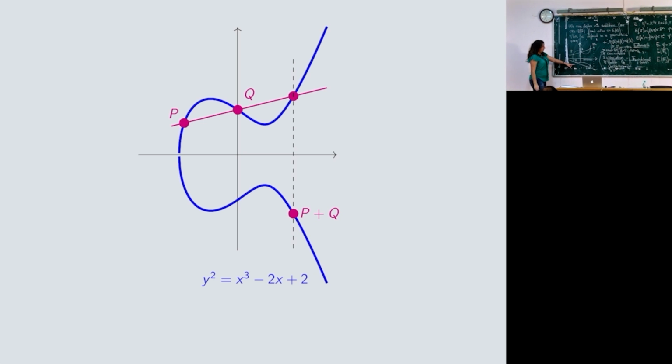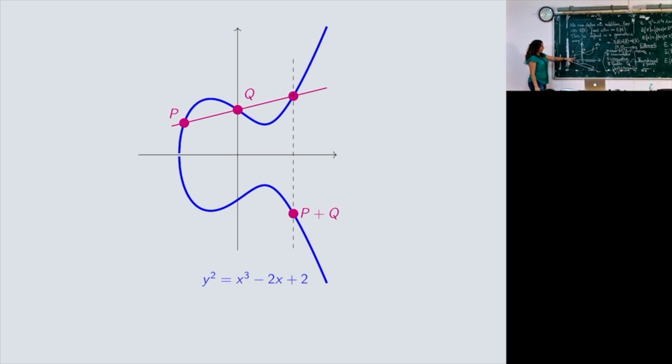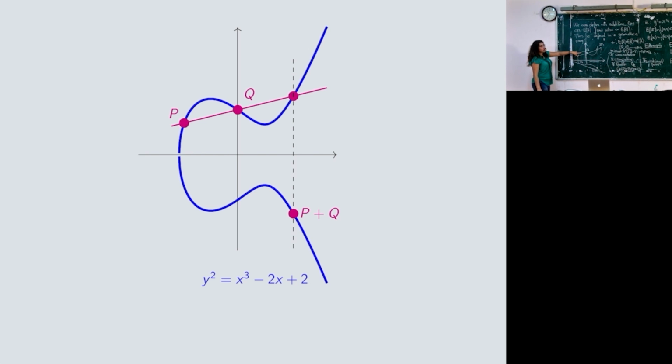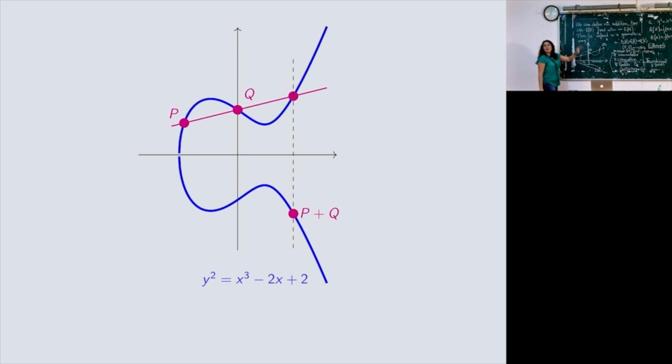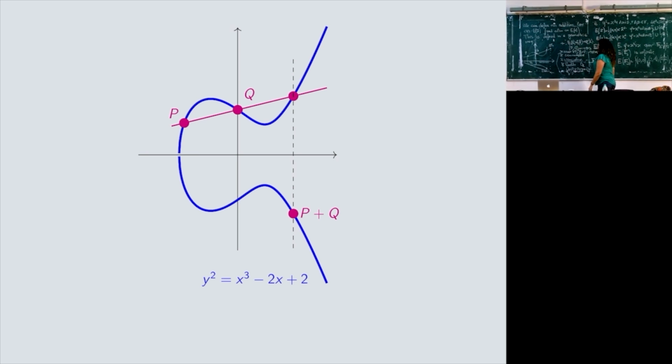In your opinion, what is minus P1? It's just taking actually the same symmetric, because these two basically add to infinity.